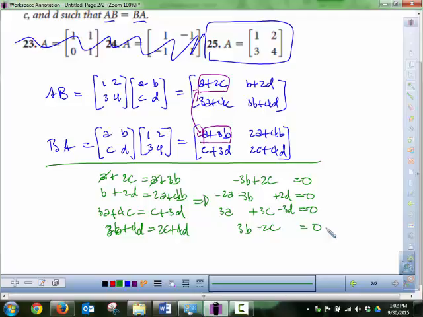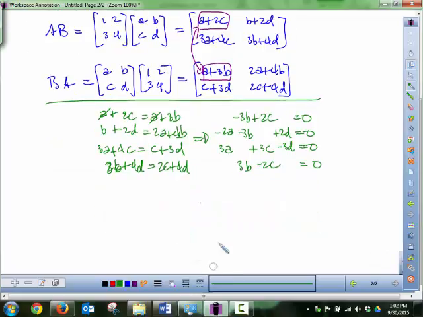I'm going to use Wolfram for this, because you guys know how to do this already. Or do you? Oh, come on. 0, minus 3, 2, 0.